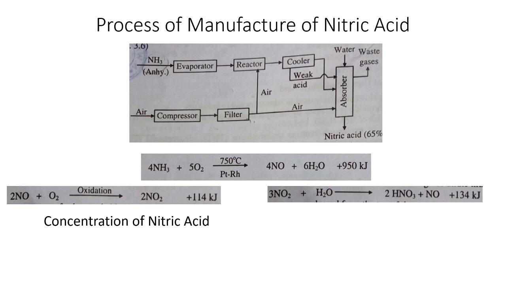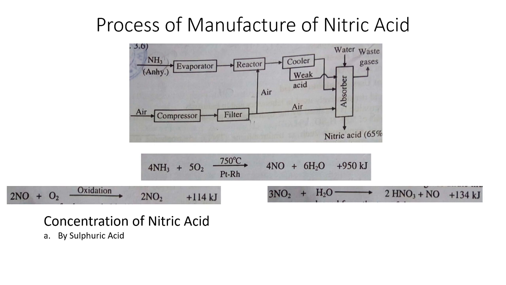So concentration of this nitric acid can be done by two processes. In one process you can use concentrated sulfuric acid. In this process, concentrated sulfuric acid, nearly 93%, is supplied to the top of the silicon iron or stoneware tower.